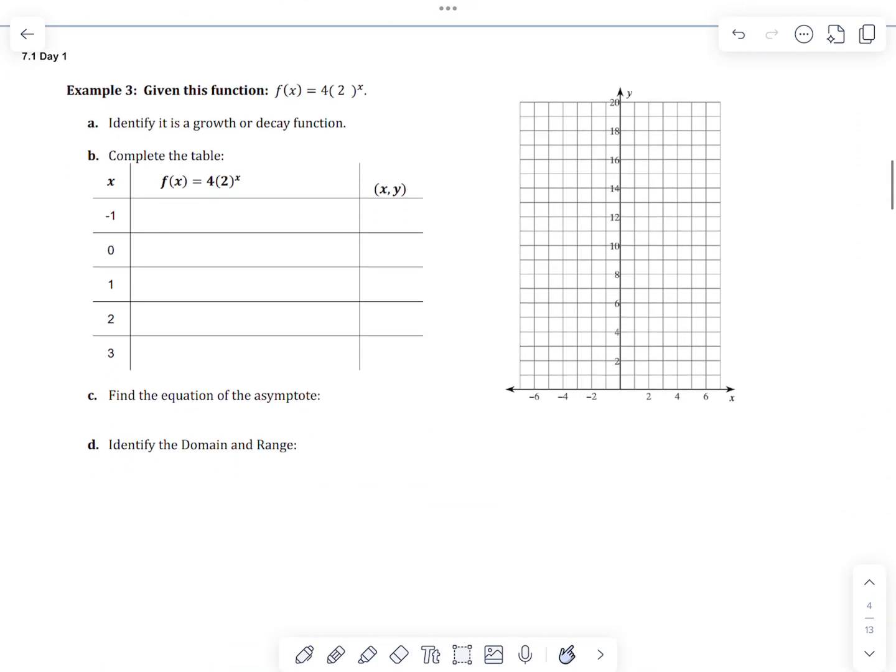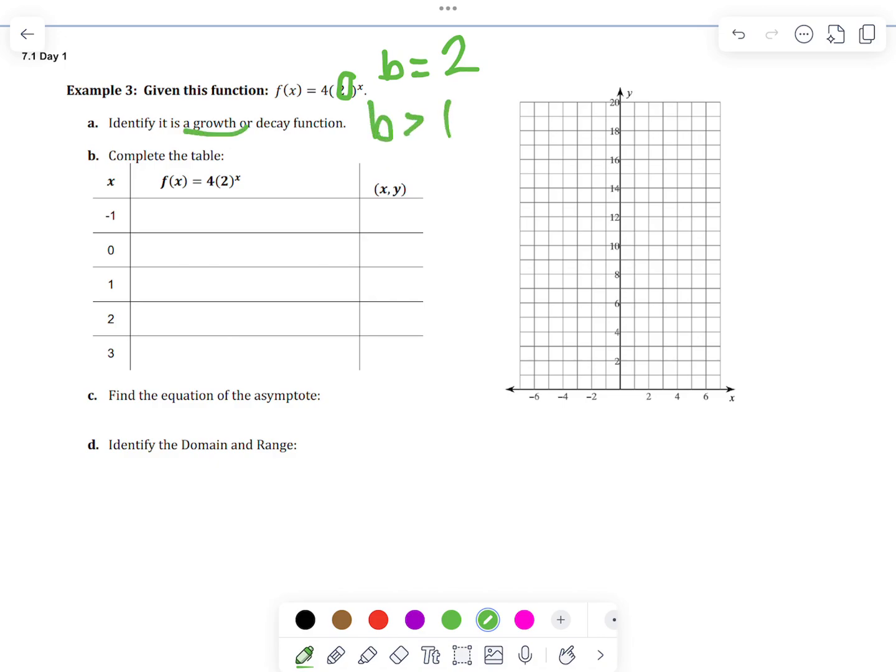All right, here's another example. So this time our base is 2, and that number is greater than 1, so it's going to grow over time. Then we would input our numbers into the exponent.